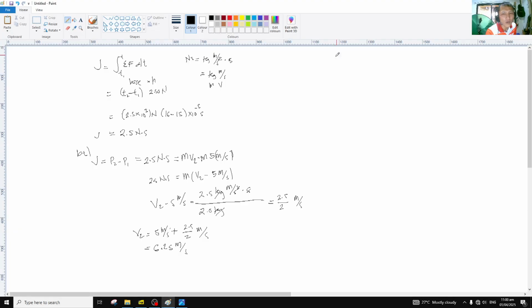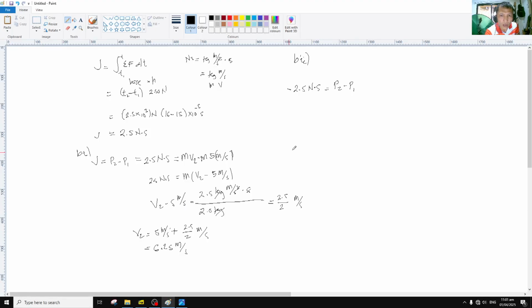How about for letter B-II? If that force is to the left, of course J is a vector quantity, so you would say negative 2.5 Newton second is equal to P2 minus P1. The process is the same, only the 2.5 is negative.